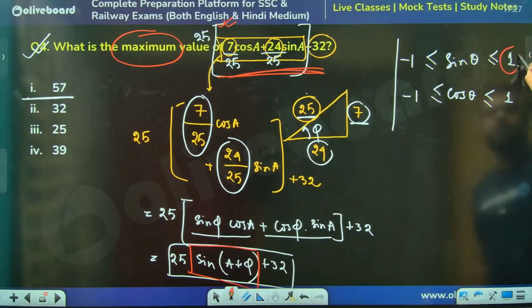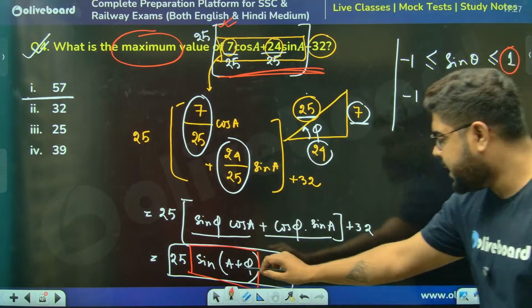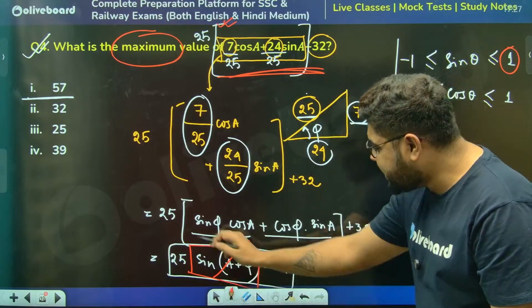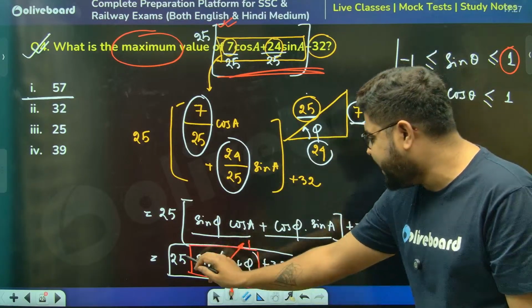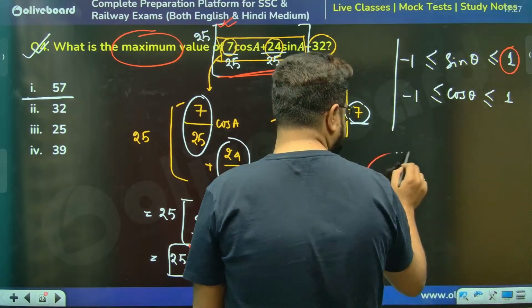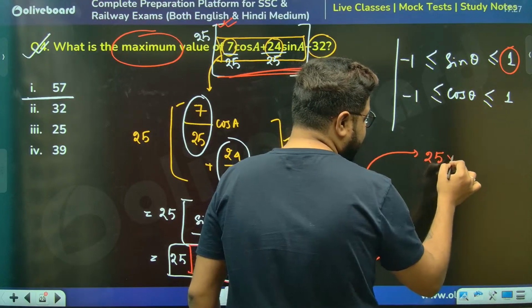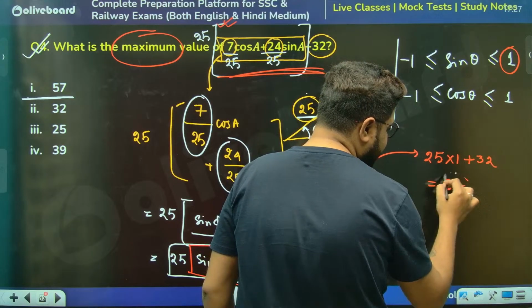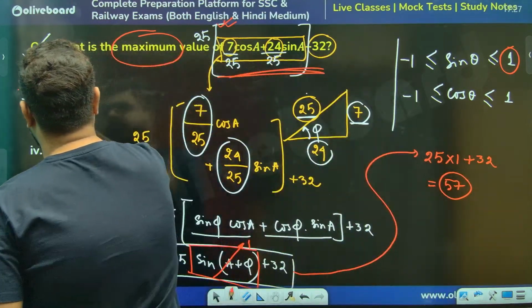Sir, that is always 1. So the maximum value of this entire expression is 25 times 1 plus 32. That is 57, sir. That is your answer.